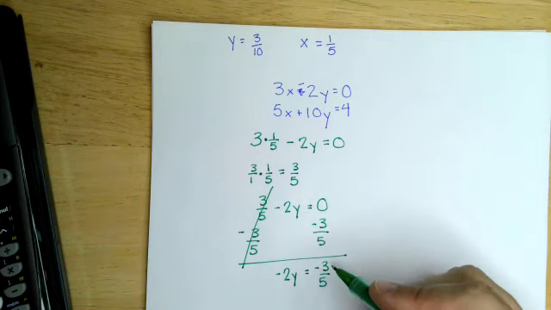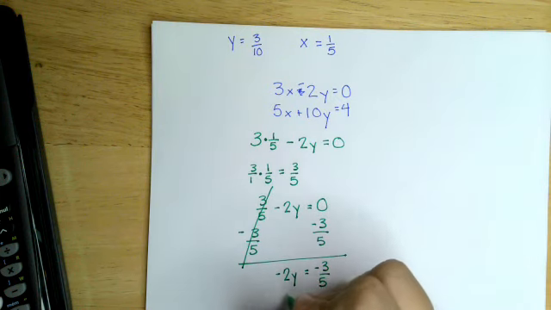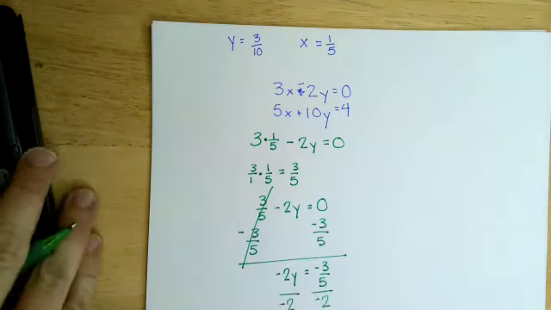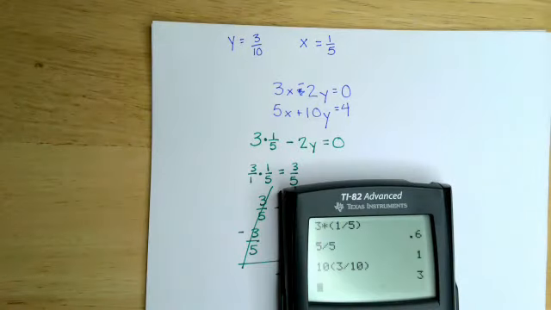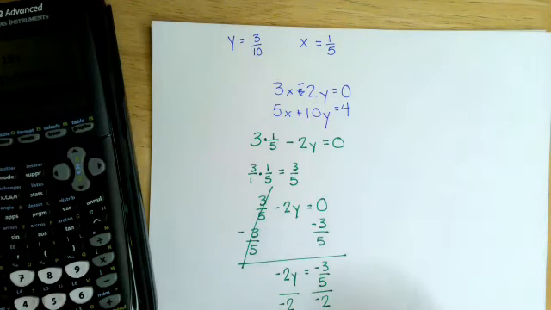Now I have to take this fraction and divide a fraction. So negative 3/5 divided by negative 2. That is what makes it difficult. And I would just put it into my calculator. Negative 3/5 divided by 2, and it's negative 3/10. Y is negative 3/10.